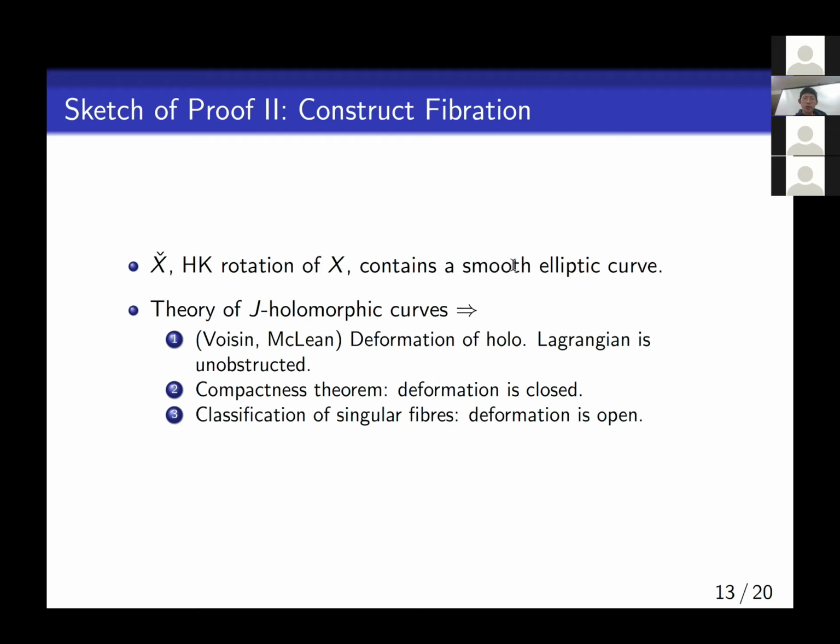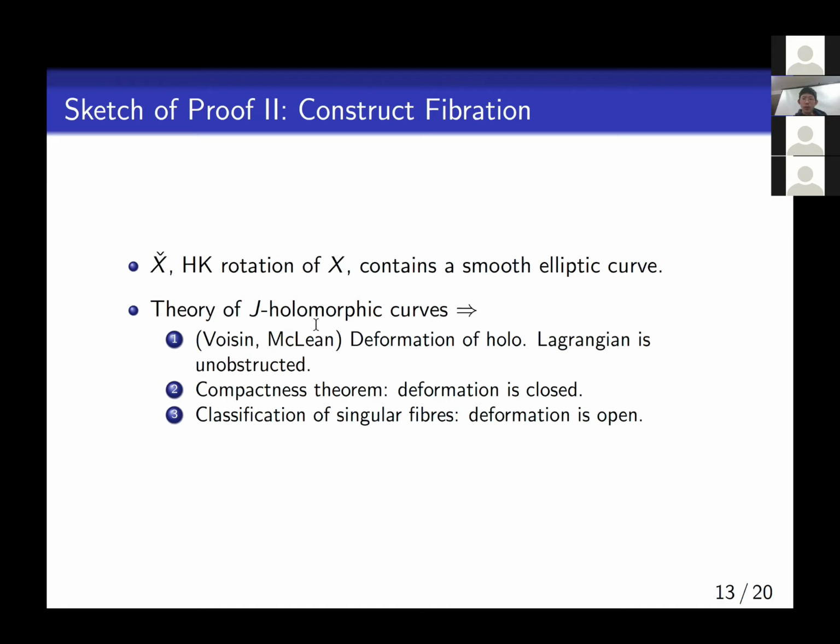In symplectic geometry there is a similar notion. It's called the theory of J holomorphic curves. And so the idea is that we do not deform this smooth curve as some submanifold inside X check. Instead, we deform it as J holomorphic curves.